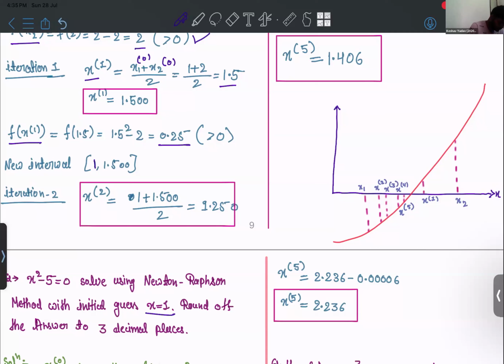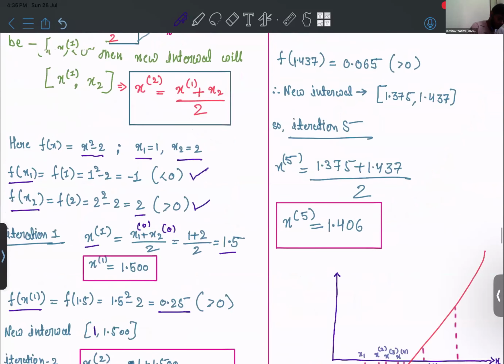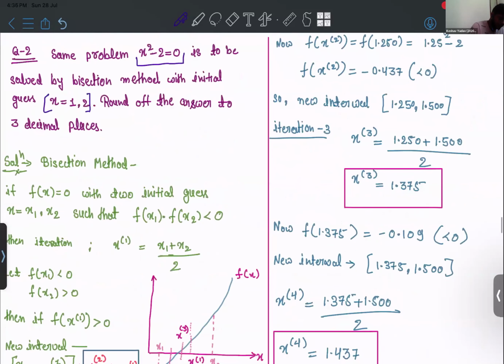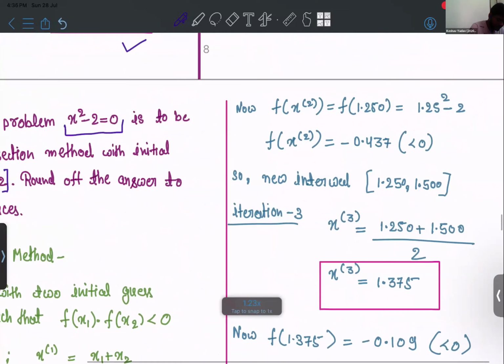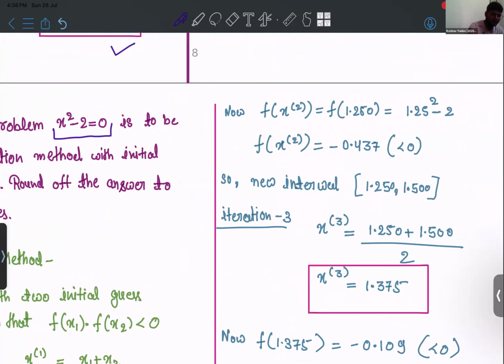Now in iteration 2, what will be the value? Simply add them and divide by 2. So this will give 1.250. Now at this point, we need to find out the function value, which comes as negative. Negative means in the earlier step, that guess will be replaced whose function value was negative.